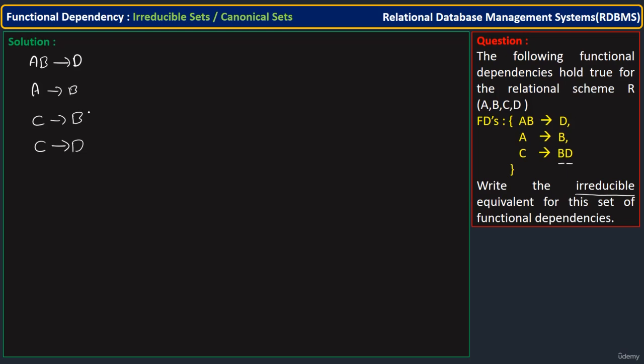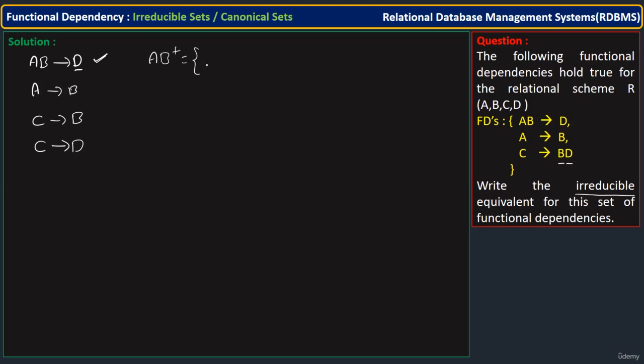Now here, we take every functional dependency and find out whether it is essential or not. So for that, with this FD and without this FD, let us try to find all possibilities. You must derive D. So if I find the AB closure without this FD, what am I getting?